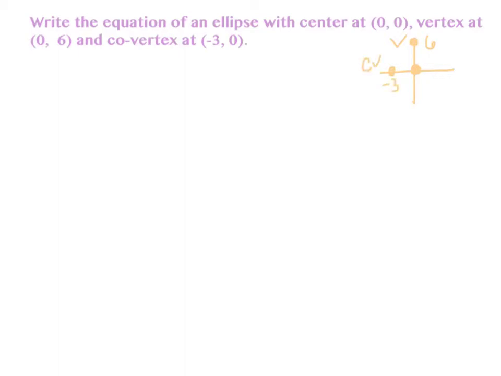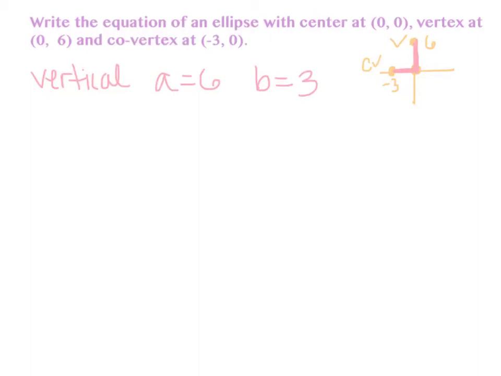So just by looking at that, this gives me the fact that it is vertical, because your vertex is on the y-axis. This gives me the A value of 6. It gives me a B value of 3 units.